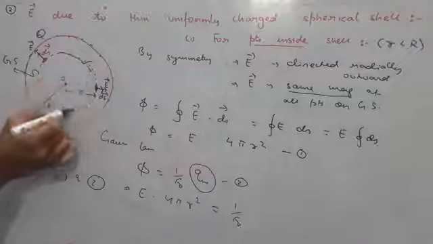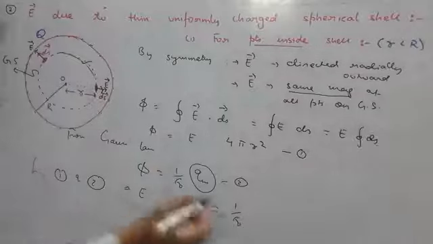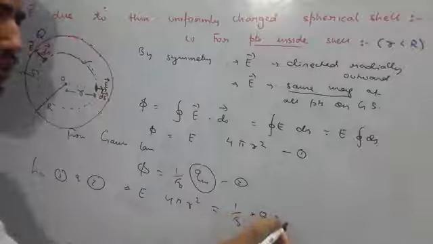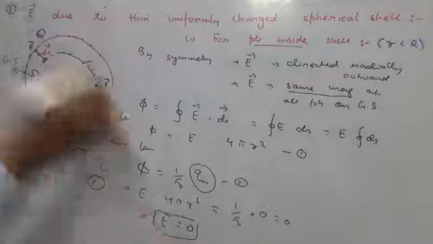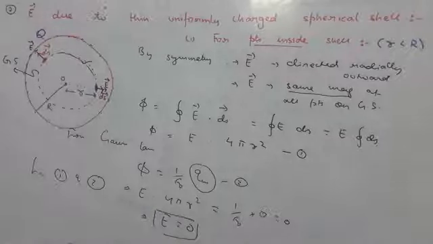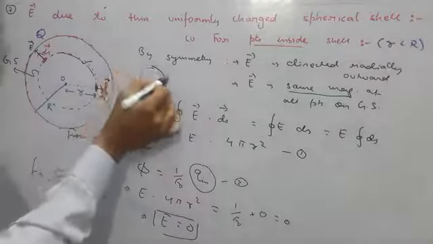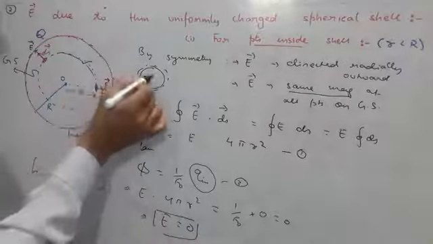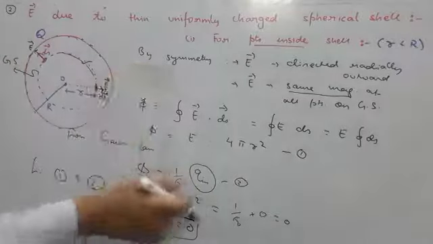In this region, inside the Gaussian surface, there is no charge present. So q in must be 0. That's why this gives you the 0 value of electric field. Now it might look a bit surprising, but it's true. If you have charge distributed on the surface of a spherical shell, then at any point inside this shell, the electric field will be 0.